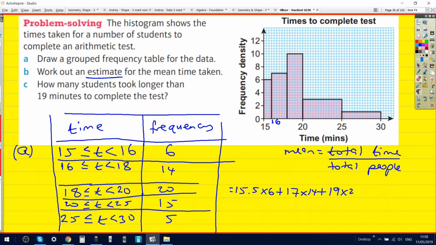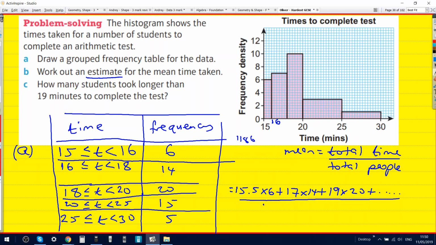I got 1,186, and then divided by all the people, so 6, add 14, add 20, add 15, add 5. And that is 19.8.